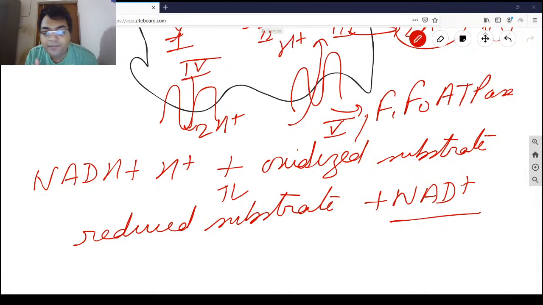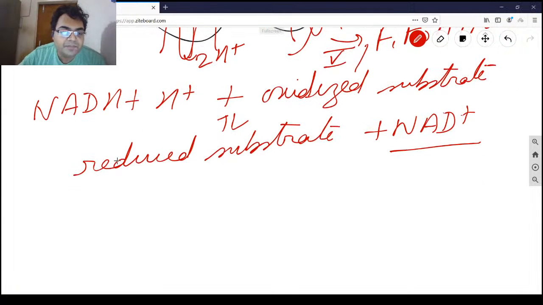Okay, know it very carefully. Two hydrogen atoms from their substrates. One of these hydrogen atoms is transferred as a hydride ion, that is H minus ion.